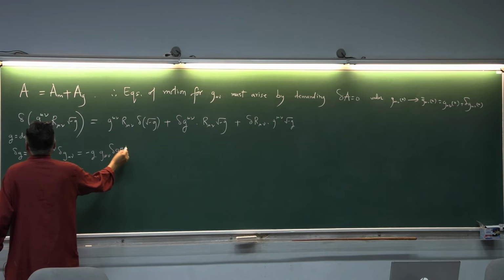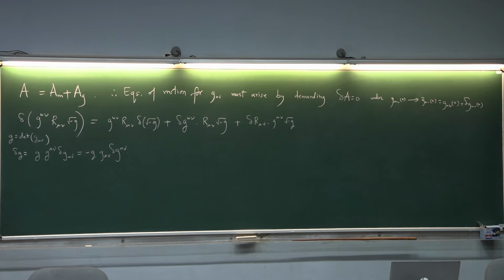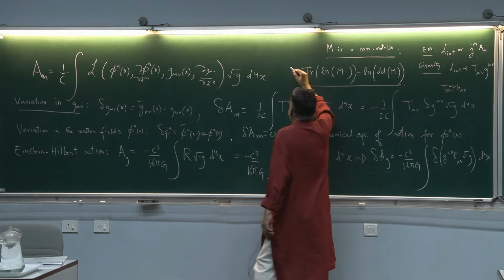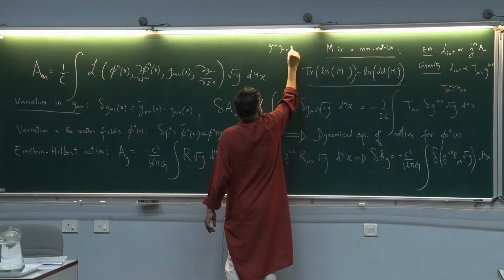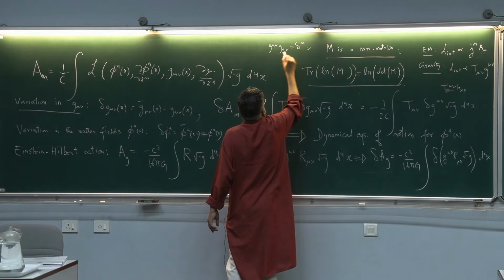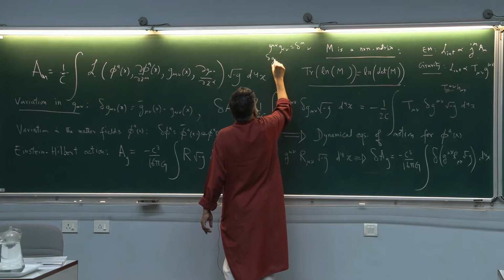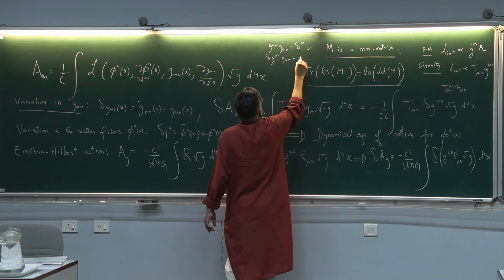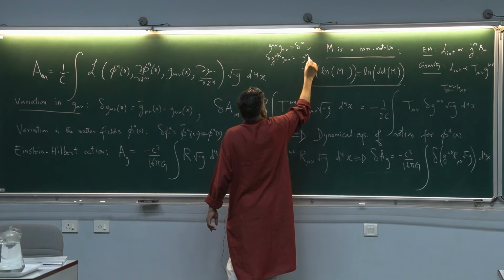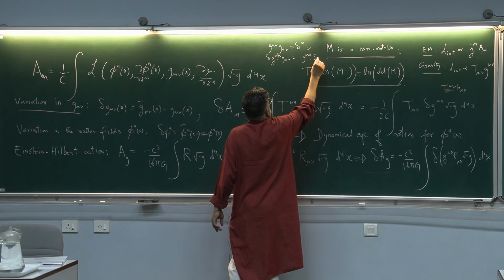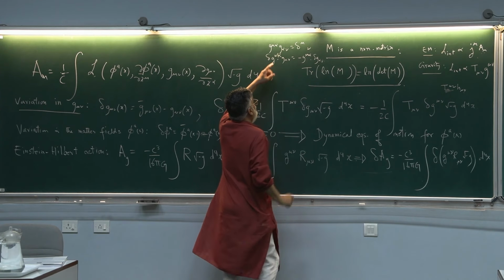Why? Because again, yesterday also we used the fact that G mu alpha G alpha nu is the Kronecker delta, so therefore this gets a minus.